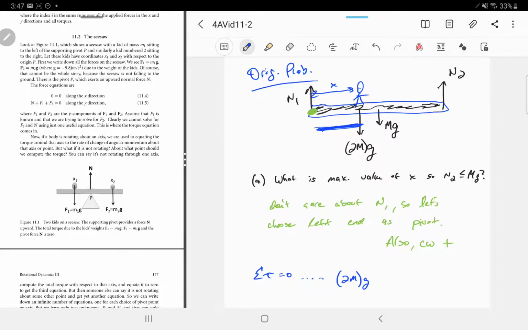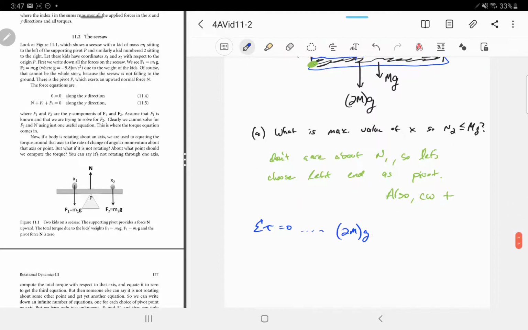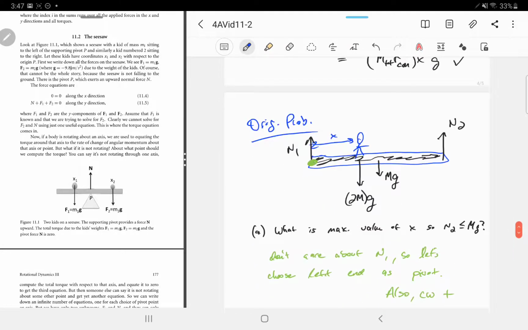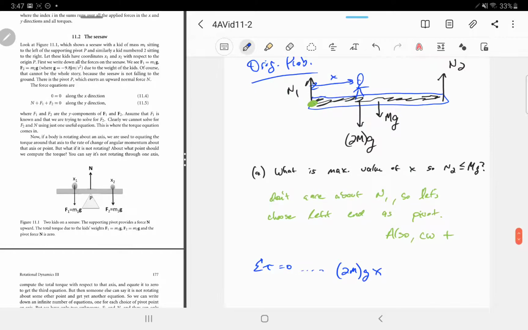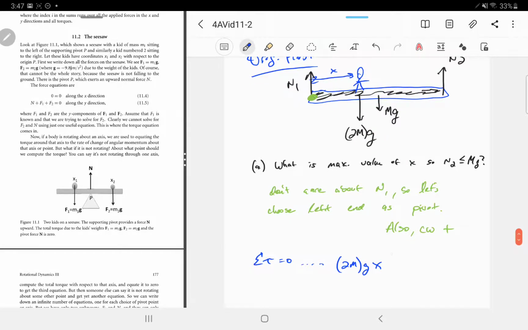Remember r cross F, and because they're perpendicular, we can just multiply r times F. That distance is x, so x times 2mg. Now, the torque due to the weight of the rod is exactly at the midpoint of the rod, so for the mg force, the moment arm is L/2.